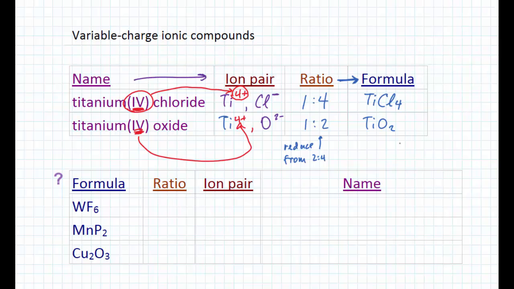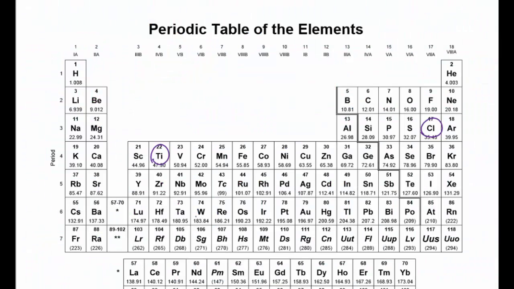Okay? So let's start with these formulas. Remember, again, the formula and the ratio are pretty much the exact same thing. So what ratio is this formula suggesting? WF6. Yeah, that's suggesting a 1:6 ratio. Over here for ion pair, let's do W. That is right down here. It's variable charge.